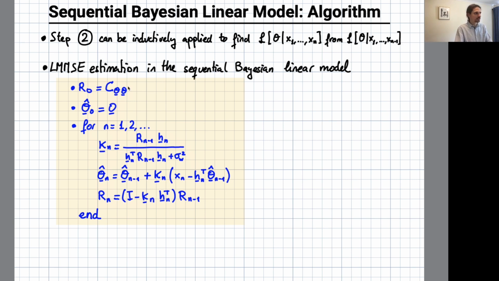This is the uncertainty a priori, and the rest would be the uncertainty after seeing n data samples. And this one makes sense as well, because this is the best estimate of theta before seeing any data, which of course coincides with the mean a priori, which is 0.